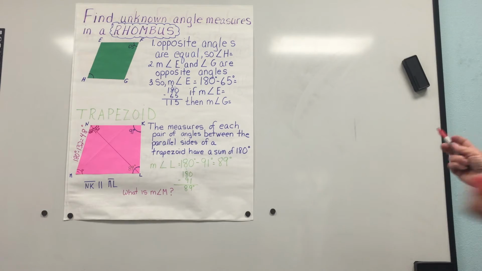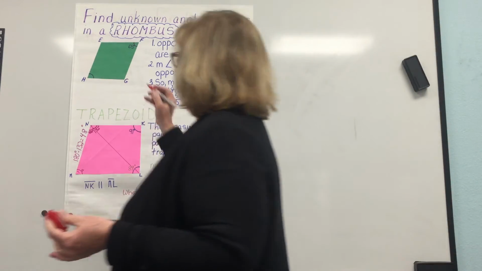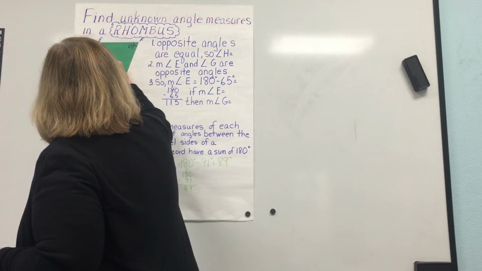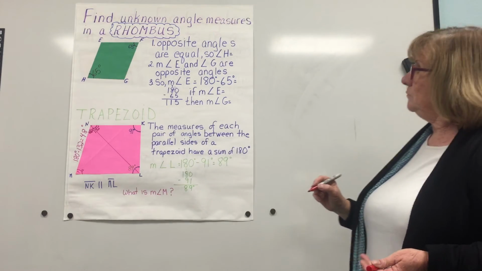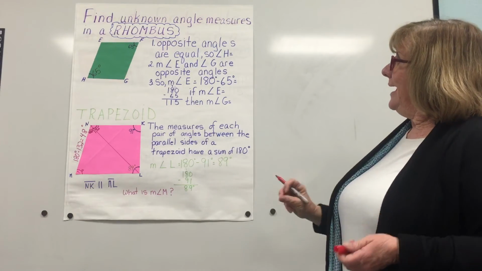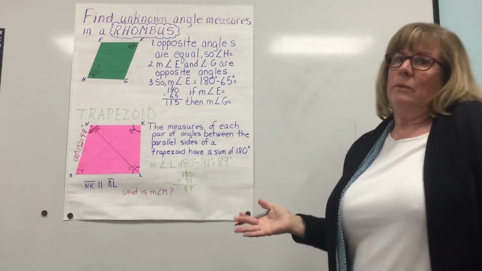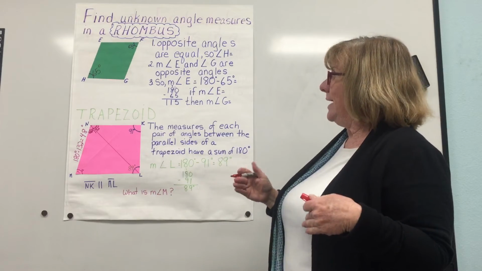Think. What do you think? You said 65 degrees. You're absolutely correct. So angle H is going to be 65 degrees. All right? Now, angles E and angle G are opposite angles, but we don't know what that measurement is. That's what we need to calculate right now.